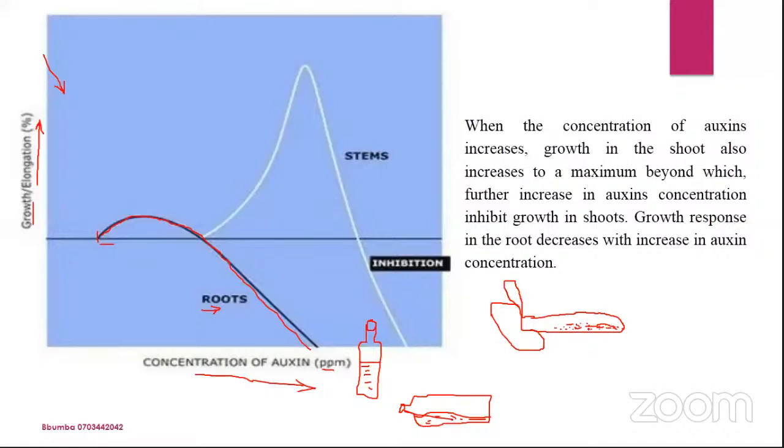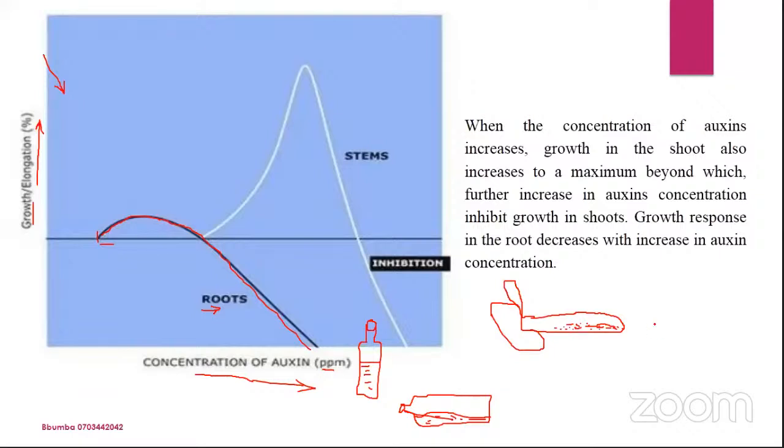Now in roots, what actually happens is that the higher the concentration, when auxins flow down and stop at the lower part of the root, the concentration of the auxins increases here. And so they are going to reduce growth of these cells on the lower side of the root.